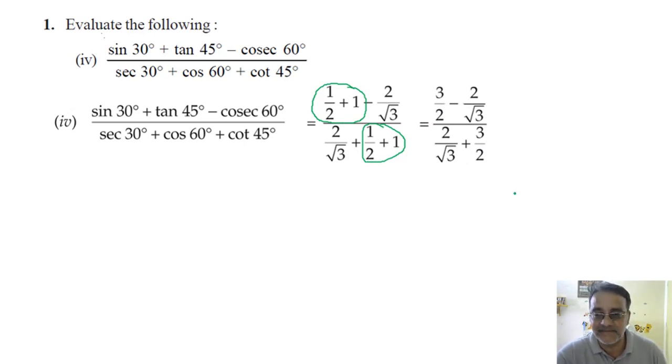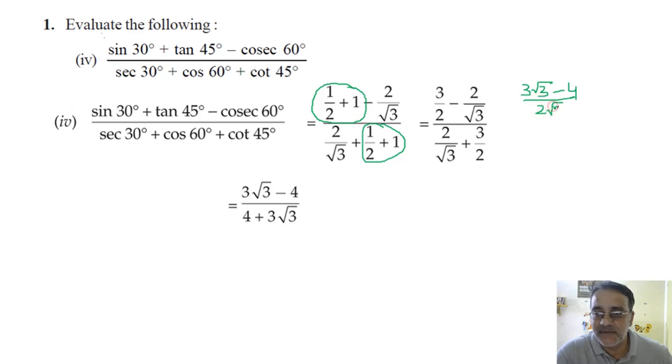Now take LCM. If you take LCM, you will get 3 root 3 minus 4 by 2 root 3. And here 3 root 3 plus 4 by 2 root 3. And the denominator 2 root 3 can be cancelled. I repeat once again. See, 3 root 3 minus 4 upon 2 root 3.